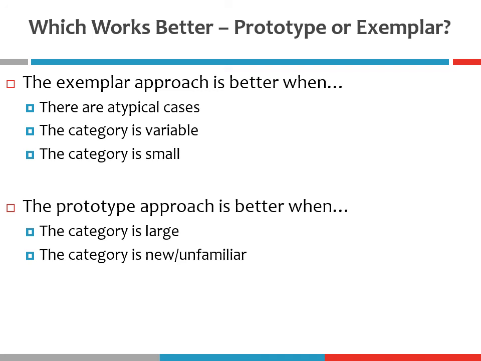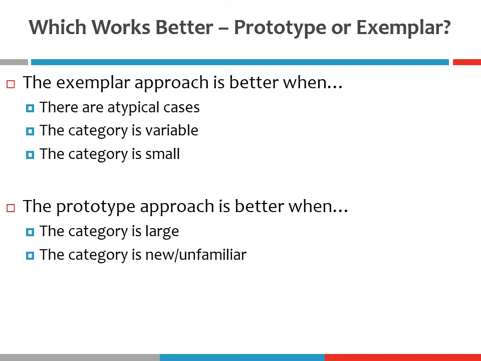And a related notion is that the exemplar approach offers a category that's more variable. So you can incorporate a lot of different features into your category that you wouldn't necessarily be able to represent if you were comparing it to a prototype.